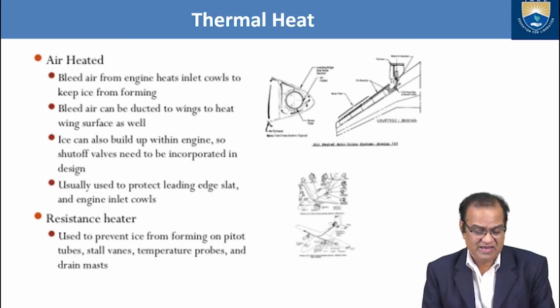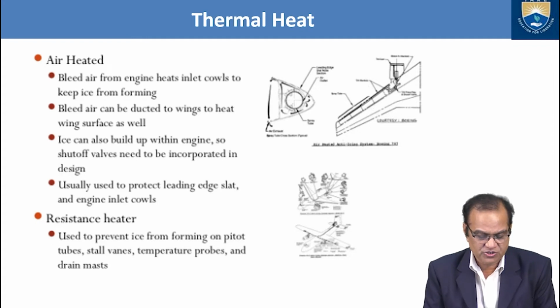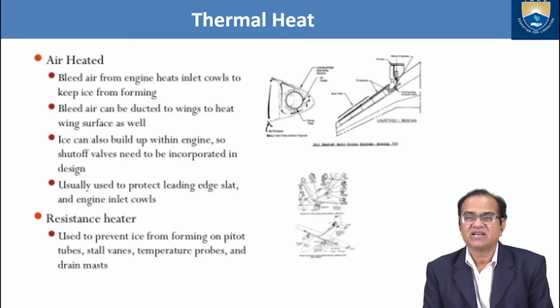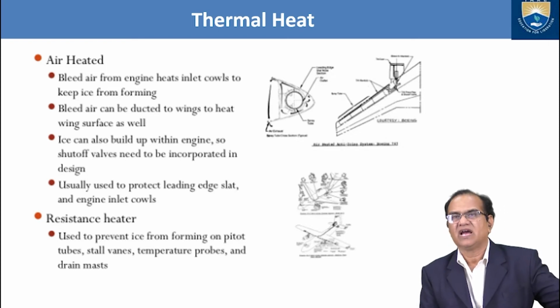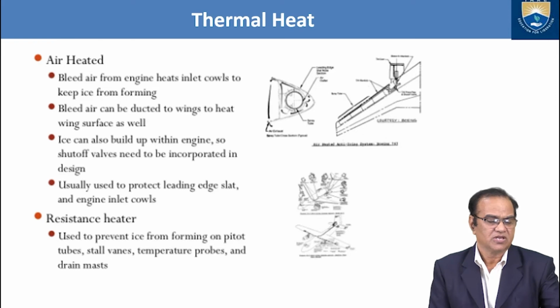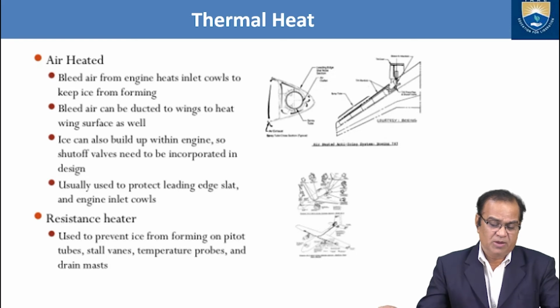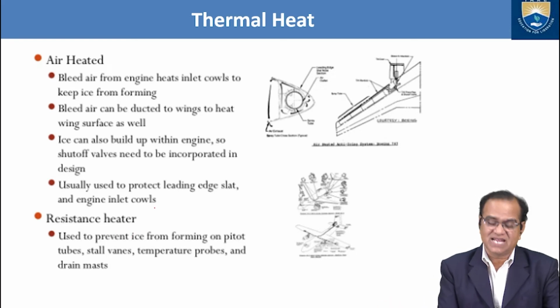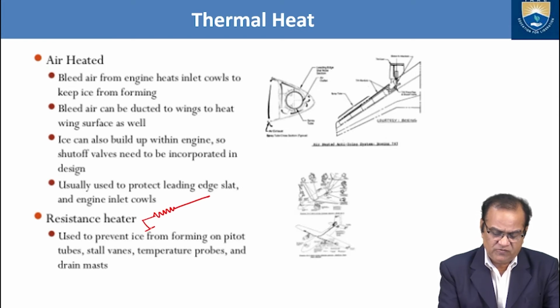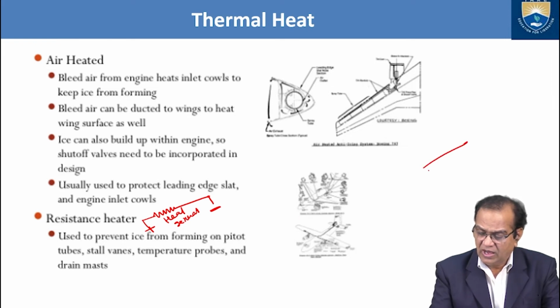Next is the resistance heater, used to prevent ice from forming on the pitot tube, stall vanes, temperature probes, and drain masks. So we have to make sure that these things are protected. The resistance heater is electrically operated. Here we give the power, so heat will be generated, and this heater is fixed like this on the pitot tube.